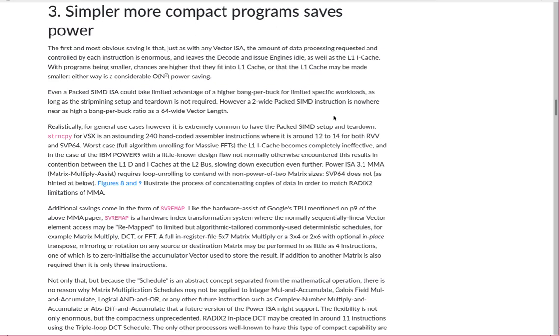If you've ever seen how in a packed SIMD instruction set, if you want to do a 3x3 matrix, you have to repeat the data across the 4-way SIMD register in a loop-unrolled fashion, which is horrendously inefficient. Whereas for matrix multiply, in SVP64 it's 3 instructions.